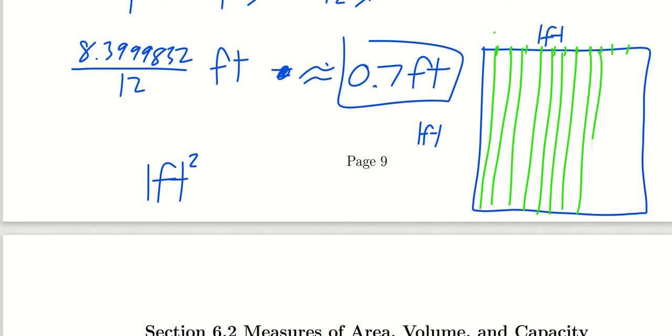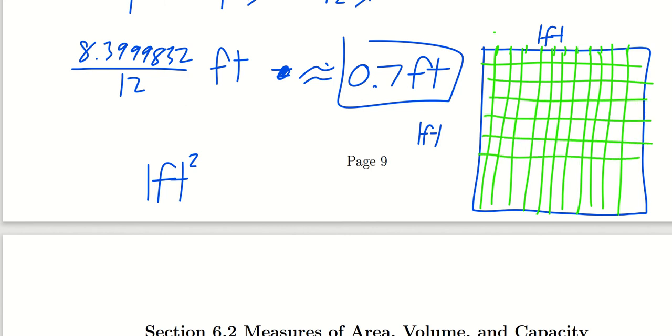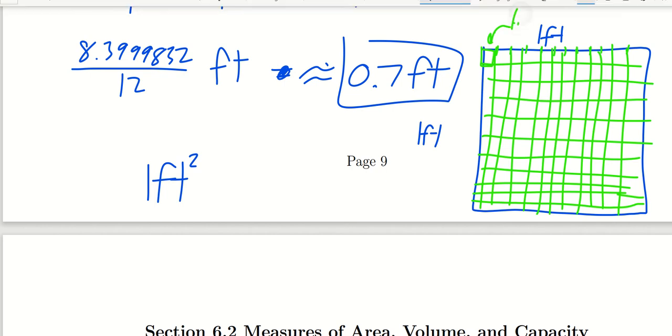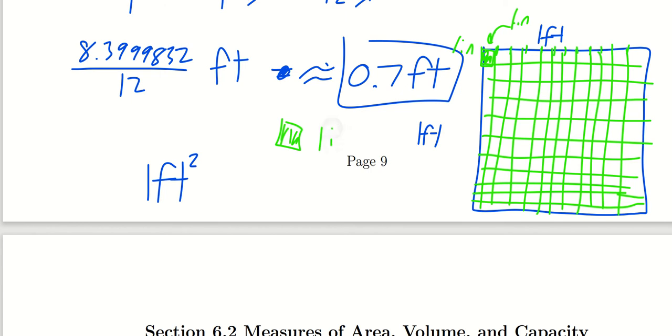I can also break the other dimension up into 12 pieces. Okay, not totally equal, but you get the idea. If I look at this little sector here, it would be 1 inch by 1 inch. So that little block right there would have an area of 1 square inch.